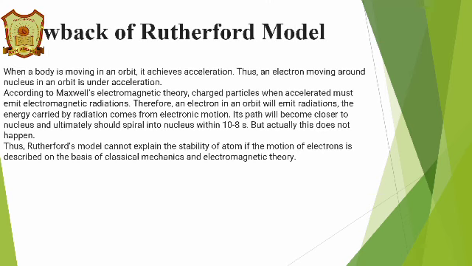So the very first thing that Rutherford could not explain in his model was the stability of an atom. He could not talk about stability of atom. Now let us talk about how he could not explain it. To explain this, I will take one simple example.